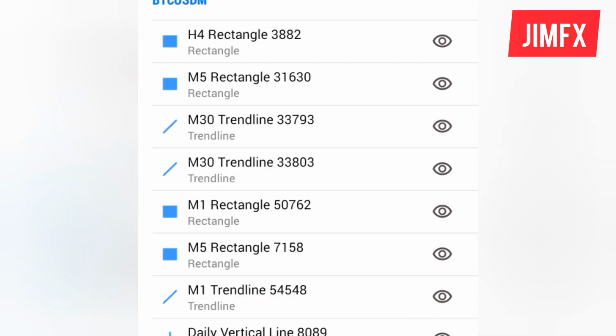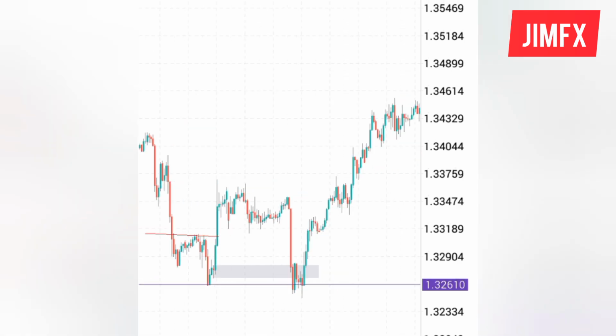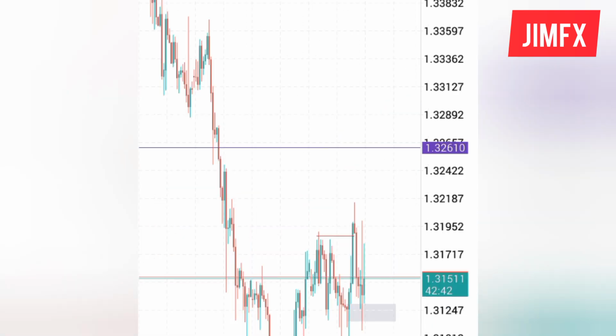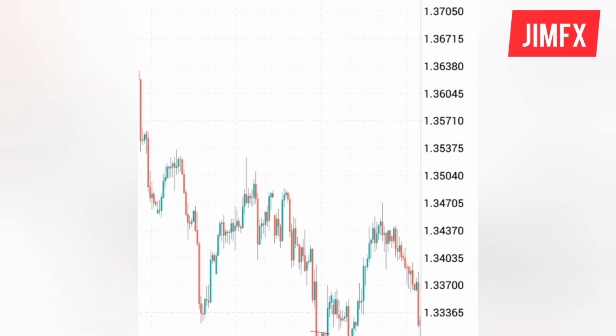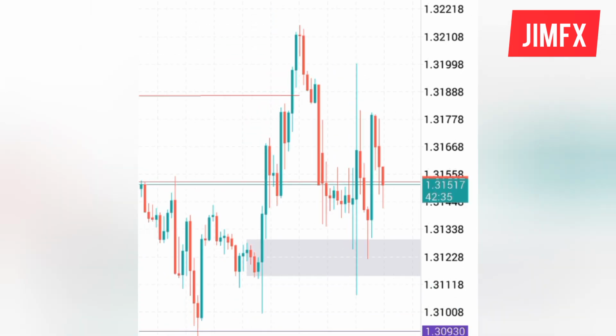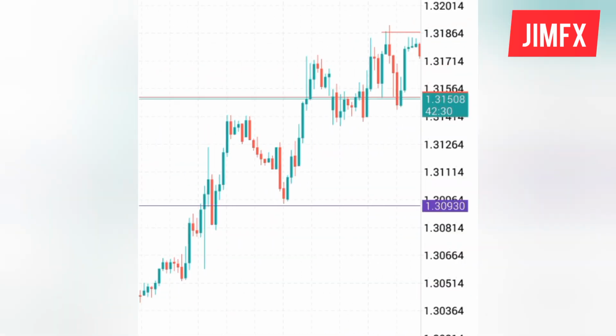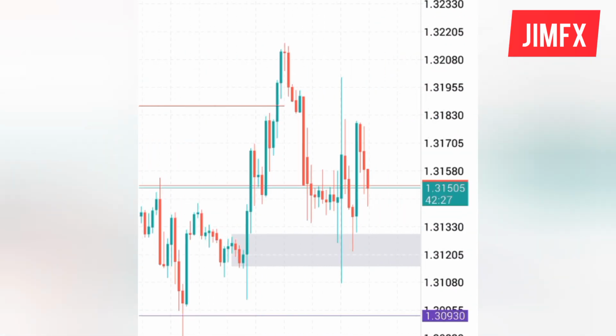Also, we had to pay attention to the liquidity. That means we had to pay attention from this low to this low, whether the market will close above that low. When you go to your H4, you'll see that really the market closed above that low. That means buyers will come and enter the market immediately after the market closes above that low.